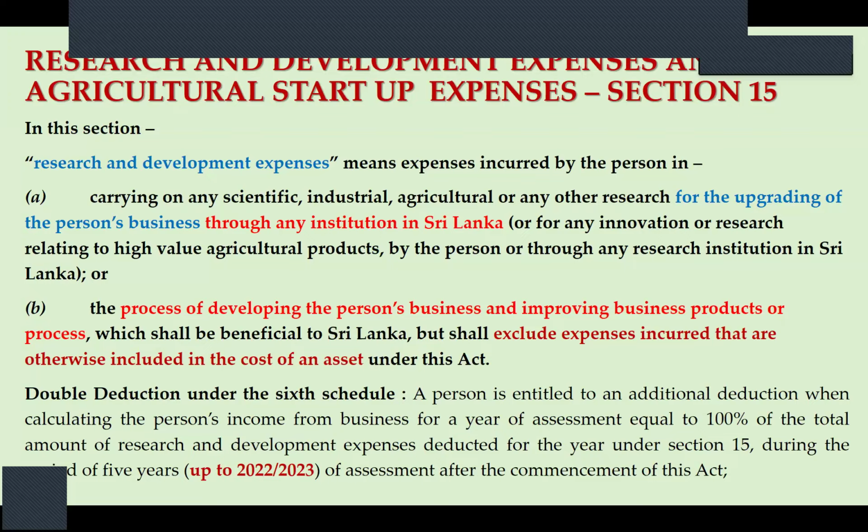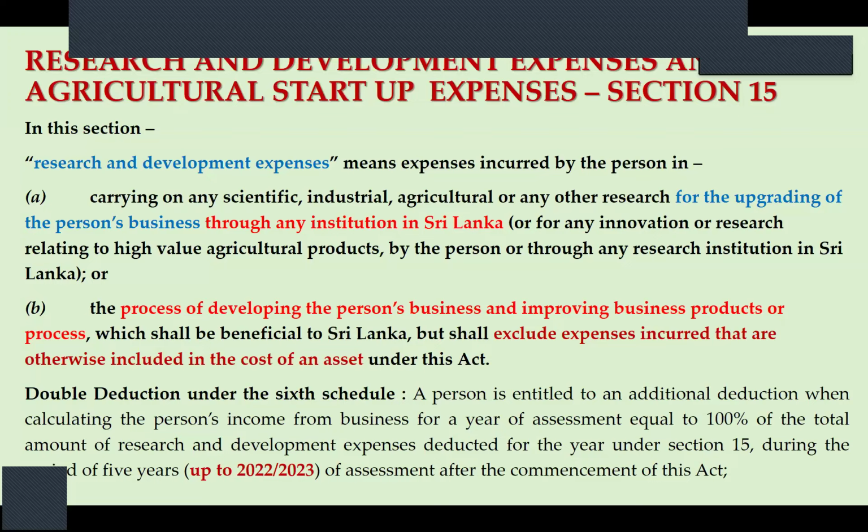So expenditure incurred for that purpose is an allowable deduction. The next one is for the purpose of developing the person's business and improving business products or processes. So improving a business product or business process is also allowable as a deduction.